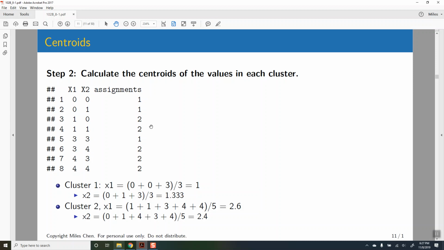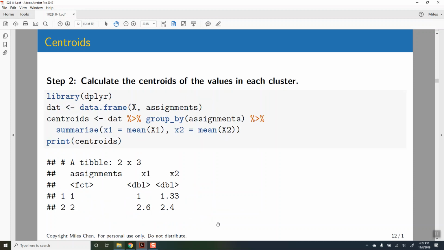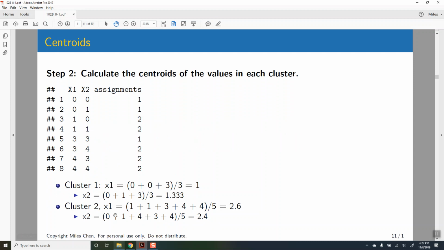We do the same with the 5 points in cluster 2. For x1 we have a 1, a 3, a 4, and a 4, and I get a mean of 2.6. For x2, I have a 0, a 1, a 4, a 3, and a 4, and the mean of those 5 values is 2.4. That's how I did it manually.